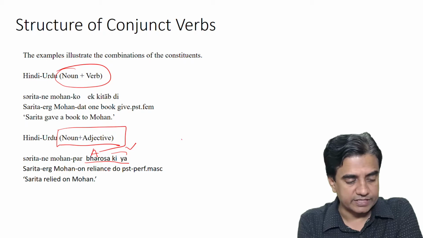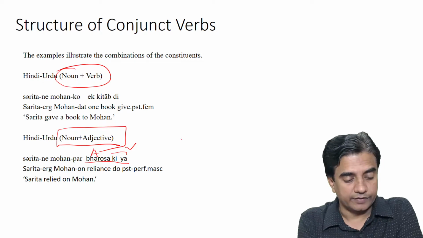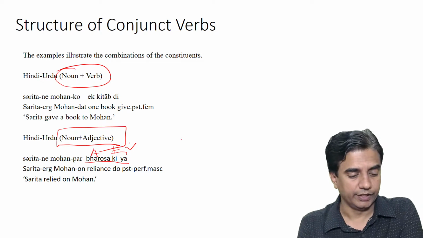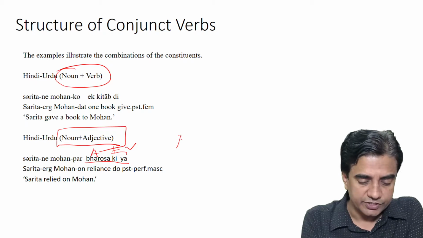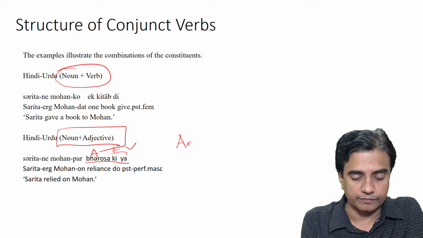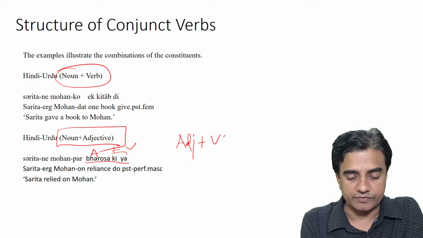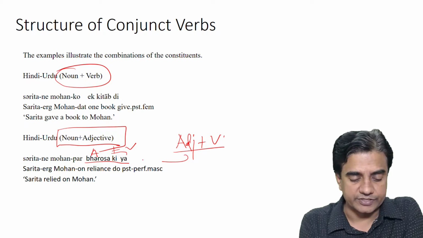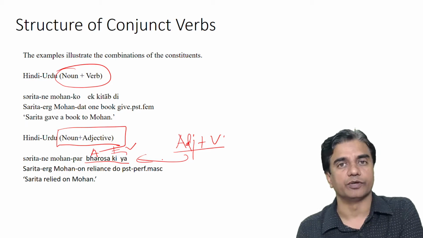So this becomes a sequence of an adjective and a verb. Okay, so we have just looked at an example of adjective plus verb, which becomes an example of a conjunct verb in Hindi.